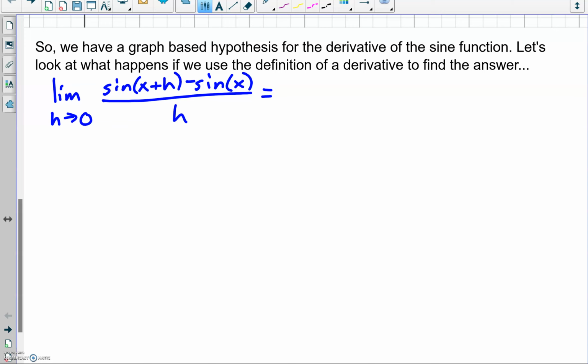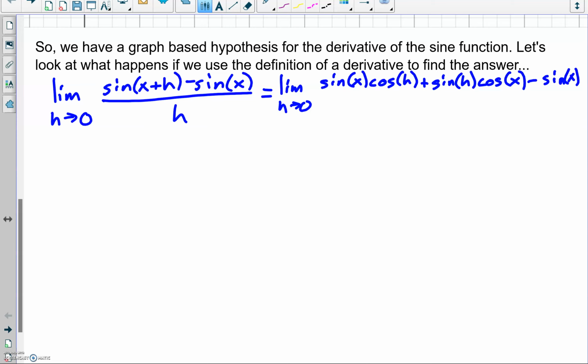If you use that identity, we'll have the sine of x times the cosine of h, plus the sine of h times the cosine of x, and then minus the sine of x that was there originally, all over h.